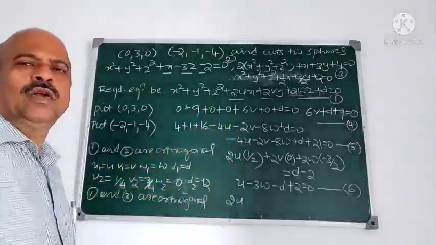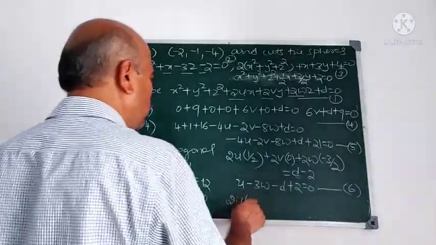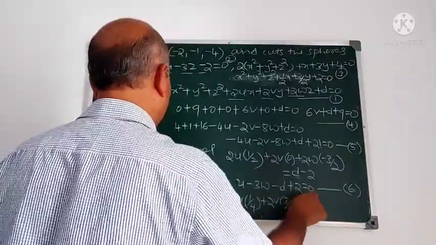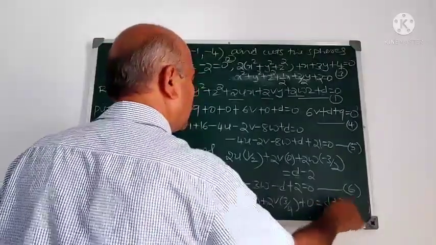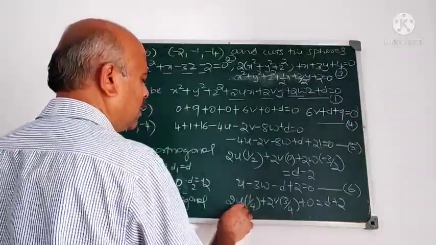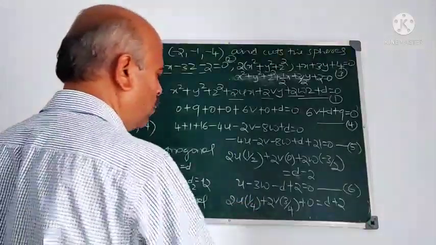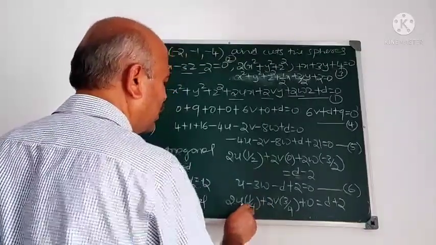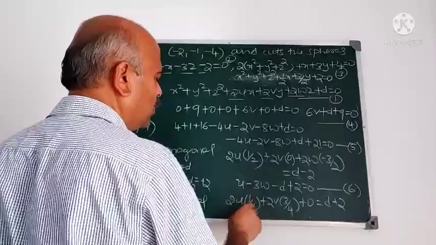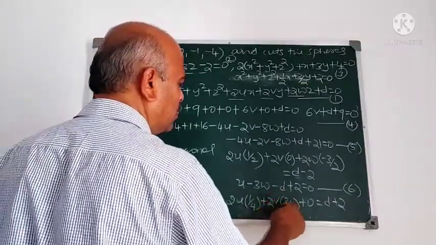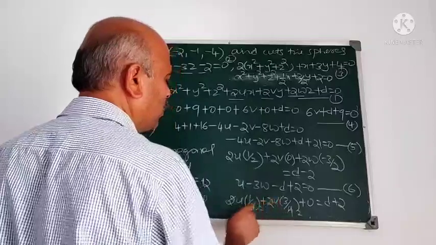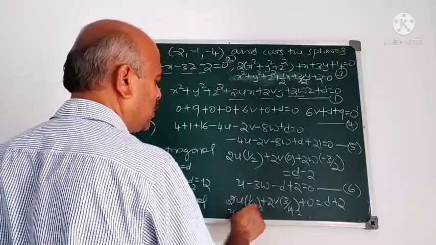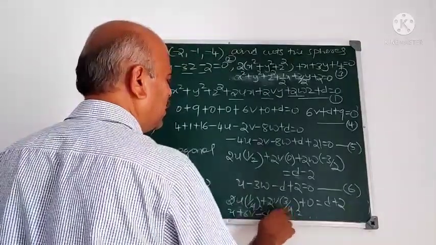Here, you have to apply the condition of orthogonality. 2u into 1 by 4 plus 2v into 3 by 4 plus 0 is equal to d plus 2. Multiply by 2, because 2 cancels. We multiply by 2, you will get u plus 6v minus d minus 2 is equal to 0.